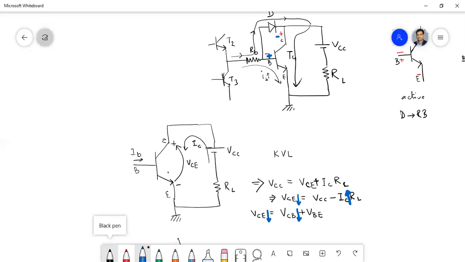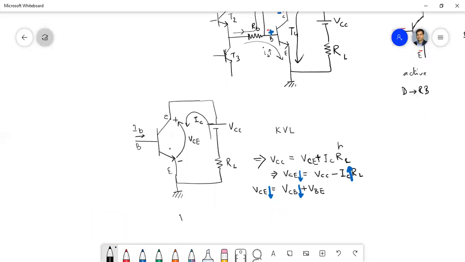Okay, so in the active region, when we are providing more base current, it will increase the collector current. But this increase in collector current will result in less collector emitter voltage.